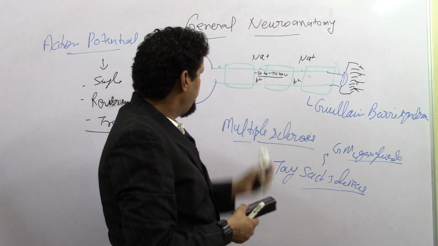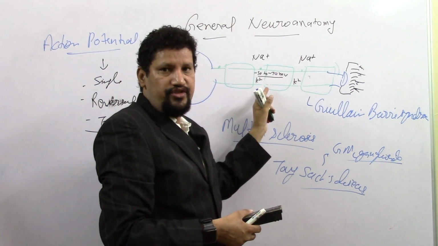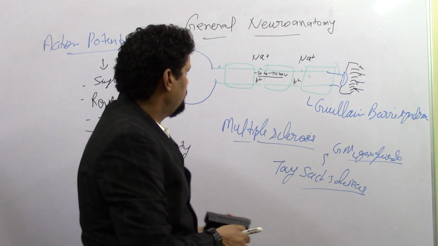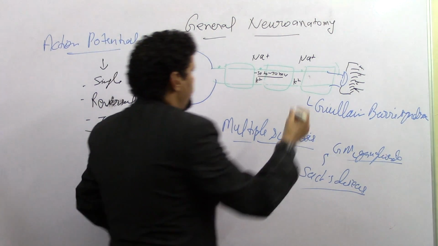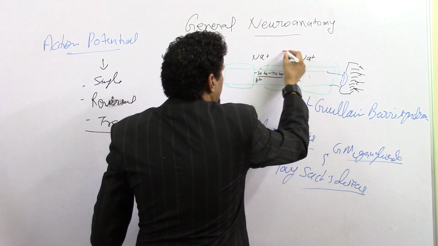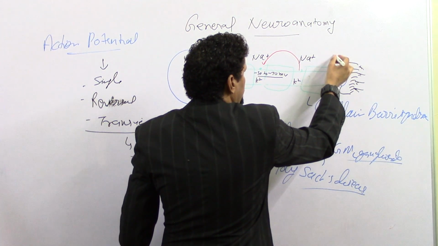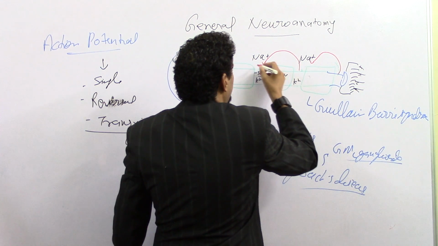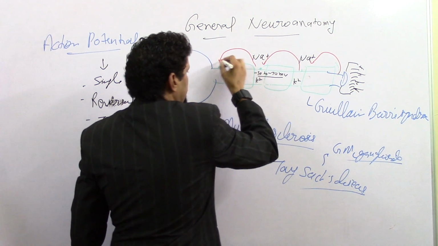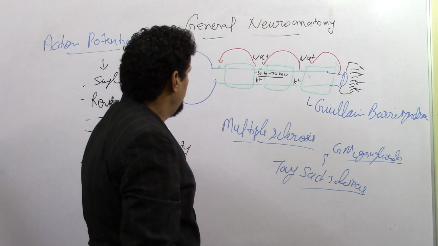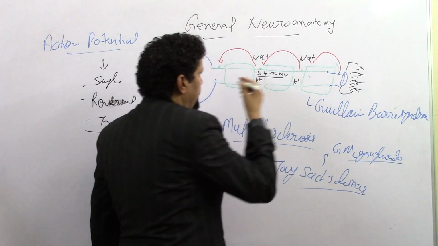The amplitude and duration of the impulse are not changed. So there is jumping of the action potential from one node of Ranvier to the other node of Ranvier. This type of conduction is known as saltatory conduction.